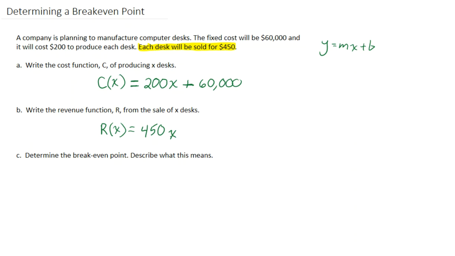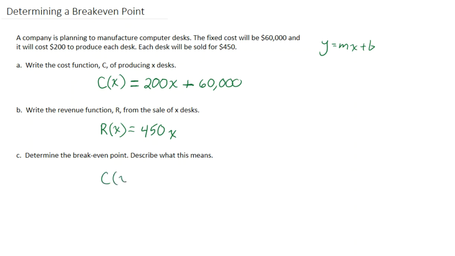Now, as I talked about in the introduction, if we're looking for the break-even point, we're basically looking for where cost and revenue are equal. And so what that means is setting these two equations equal. Now, if you think about it, and this is where it is a system of equations, but it's a little different than how we've done systems of equations.